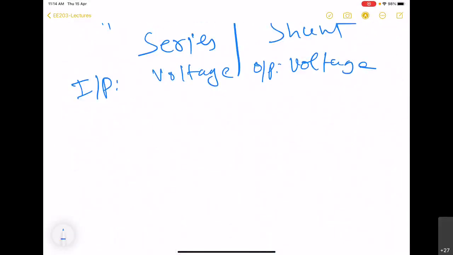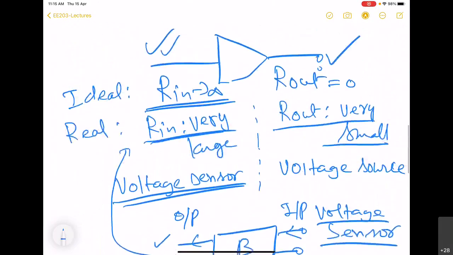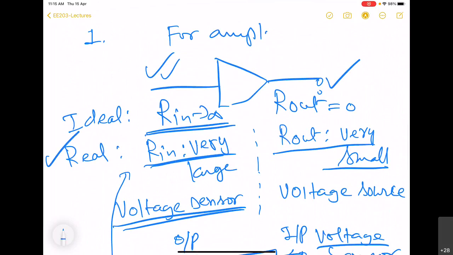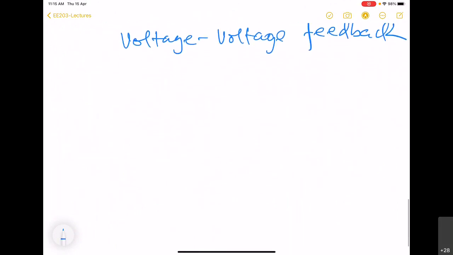So we can say that what we are going to consider now is voltage feedback. Here we have already considered the amplifier to be real. That means input impedance is very large and very small on the output side. But to keep things simple, initially we will consider this feedback network to be ideal.